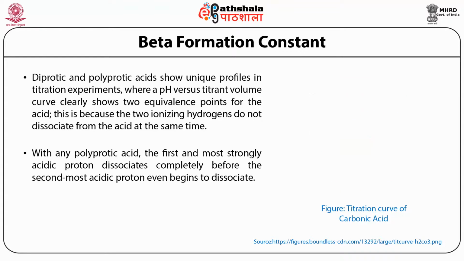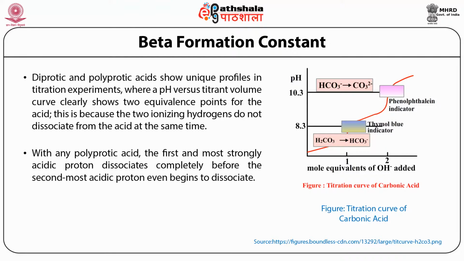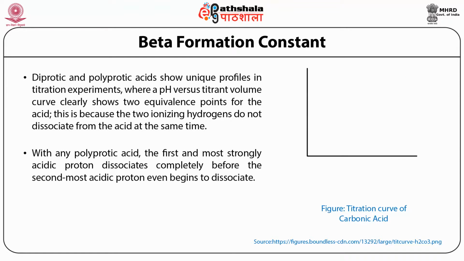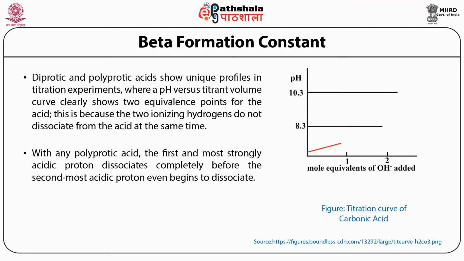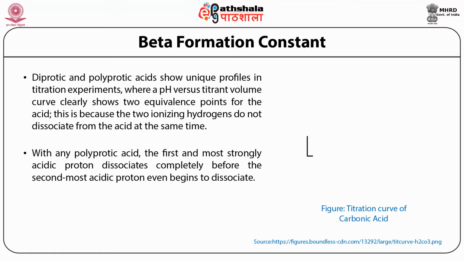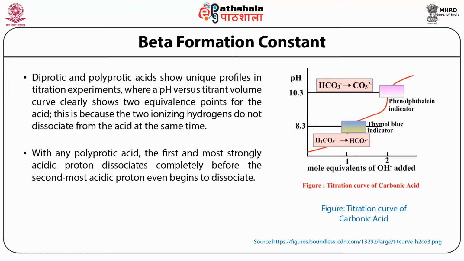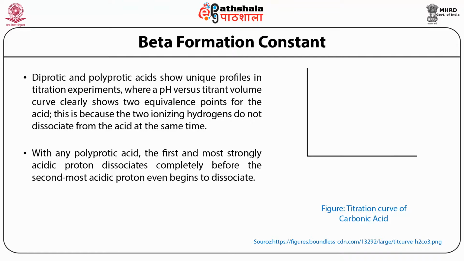As you can see from figure 2, which is the titration curve of carbonic acid, the first proton dissociates: H2CO3 dissociates into HCO3 anion plus H plus. Here in the figure you can observe that the two curves are not overlapping. It is the complete dissociation of the first proton, and the second proton starts when the dissociation of the first proton is complete.